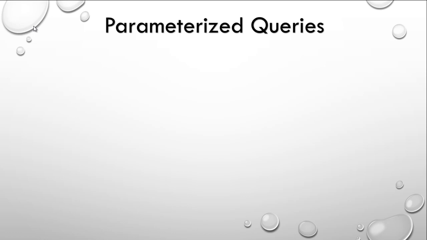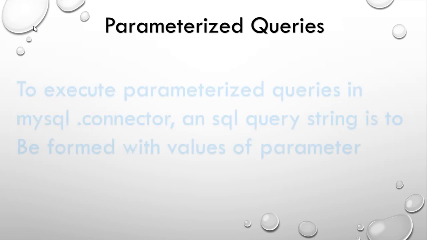What are parameterized queries? In the previous lecture we saw the execution of a command that selects star from student, that's it. But suppose you want to include the where clause with it, then how can we do that? For that we have parameterized queries.